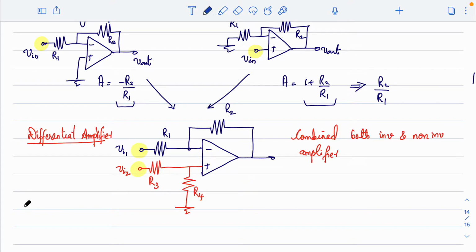What I will do is apply the superposition theorem and analyze the effect of one input at a time on the circuit, right? So first, let me short Vi1, equal to 0, because for Vi1 we know that the gain is minus R2 by R1. The only thing I need to check is what the gain is for Vi2. So for that I am just setting Vi1 equal to 0.